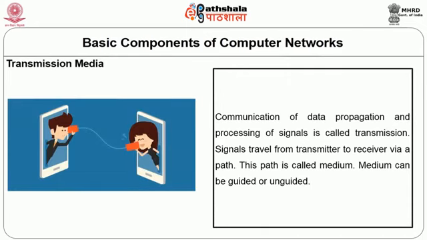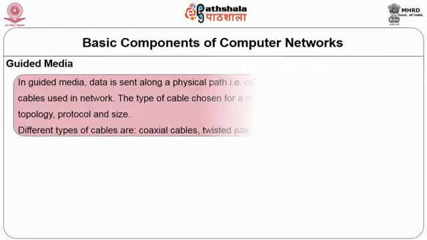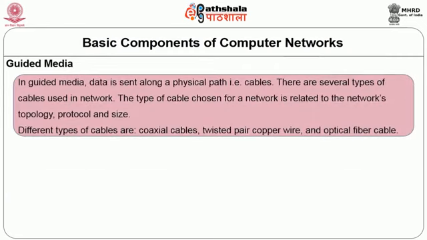Transmission media. Communication of data, propagation and processing of signals is called transmission. Signals travel from transmitter to receiver via a path. This path is called the medium. Medium can be guided or unguided. In guided media, data is sent along a physical pathway, that is, cable.